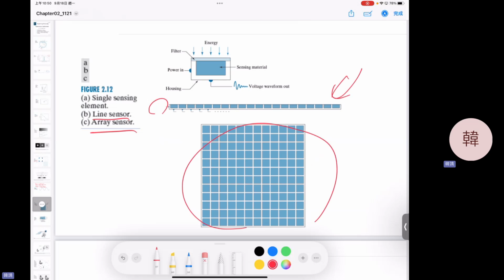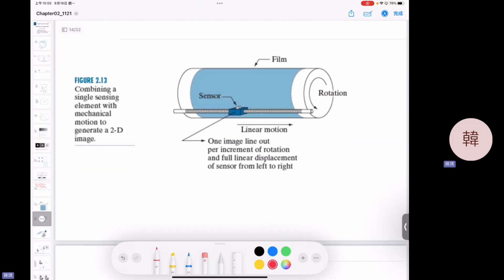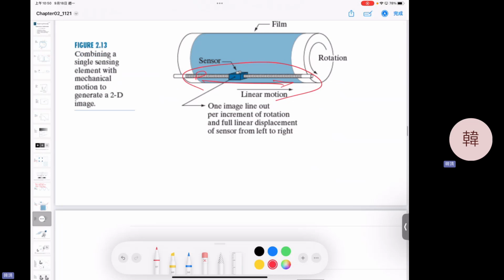You put it in the Xerox machine, you scan it. It's a line sensor, goes through like this. This is the traditional one, the slow one. It goes pixel by pixel this way, turning around to scan your image. So it's a single sensor element in mechanical motion to generate a 2D image.